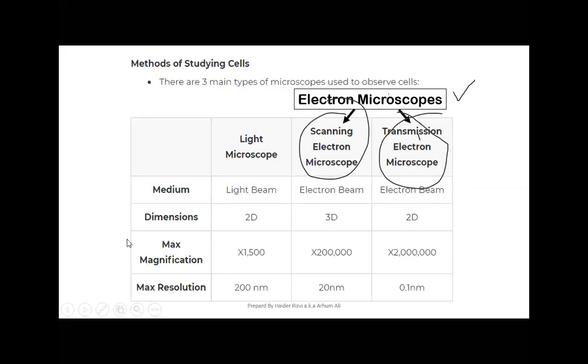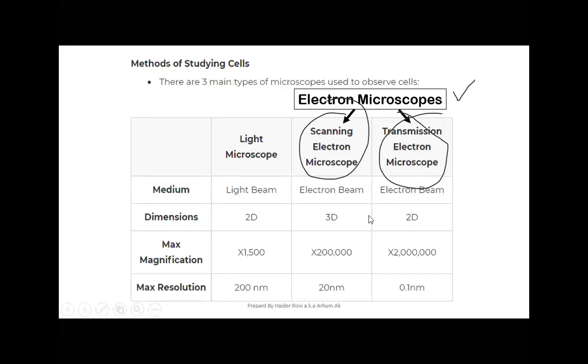The maximum magnification and the maximum resolutions are one of the important, really important, you can say concepts or the points जो कि हमें इनके अंदर याद रखने हैं.